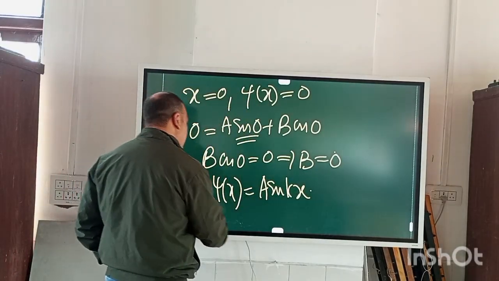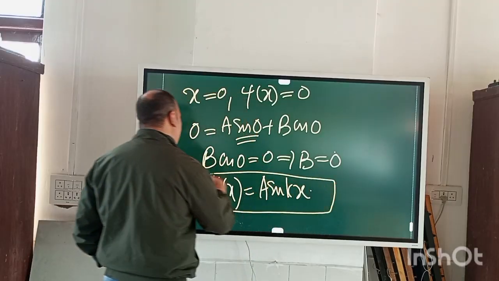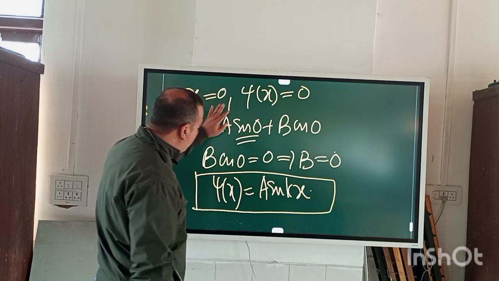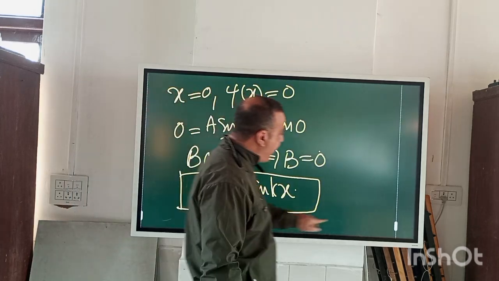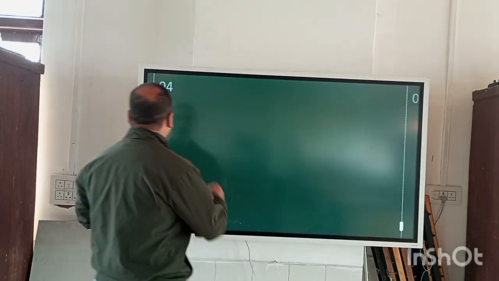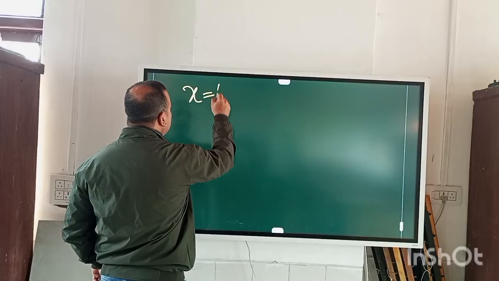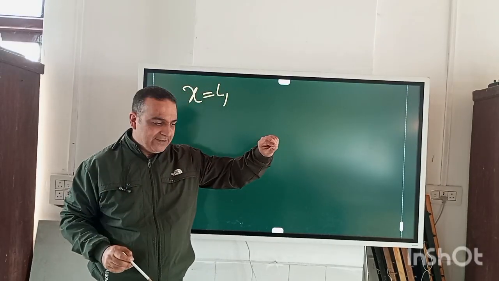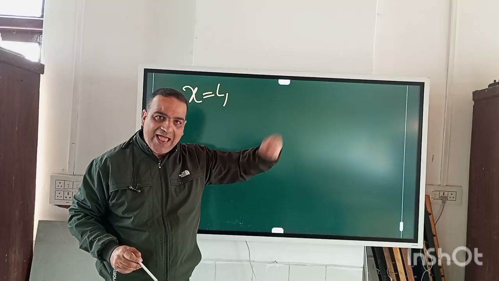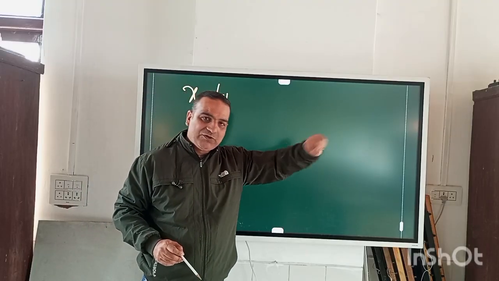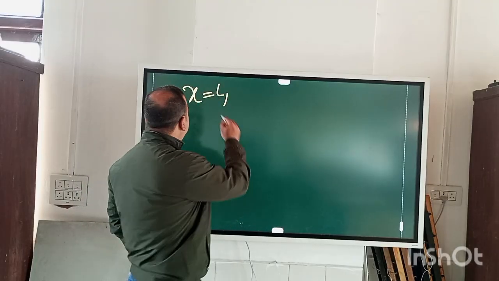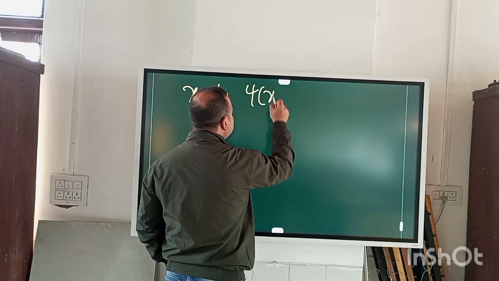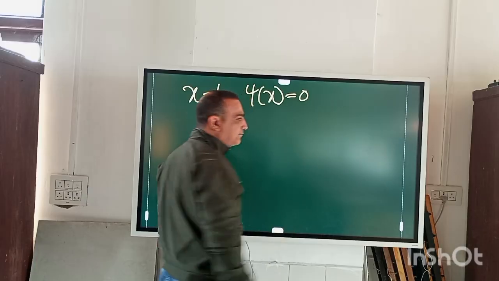Now, we can look for another boundary condition. The first boundary condition was for x equal to 0. We can go for x equal to L. So for x equal to L, again, at L the potential is infinite, and there is no possibility of psi to exist outside L. So at x equal to L, psi of x is equal to 0.